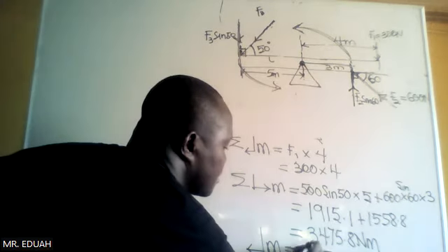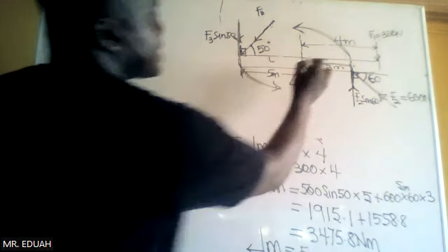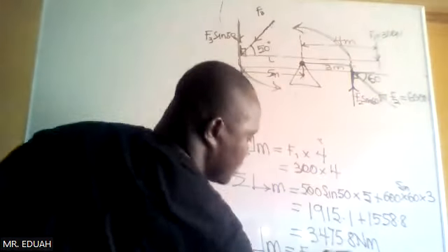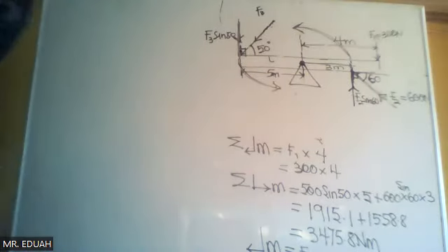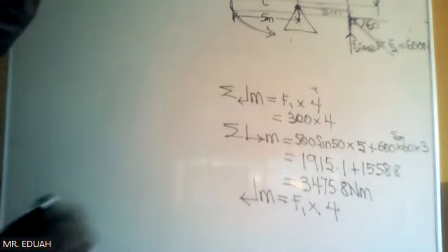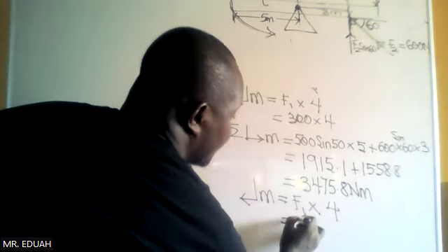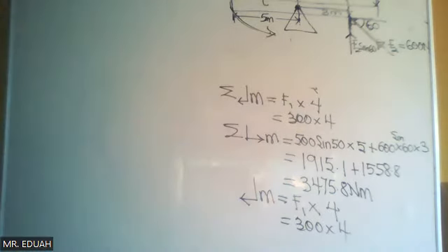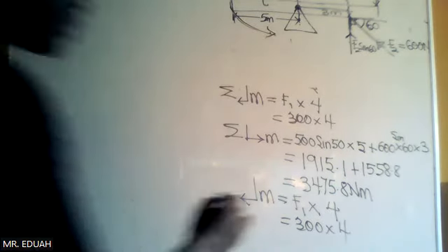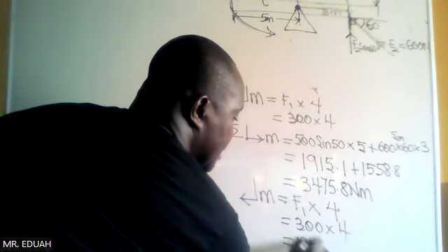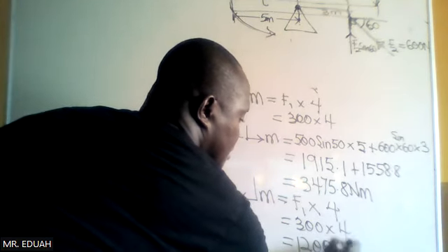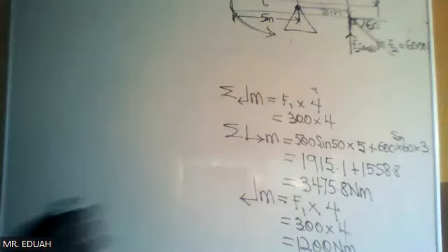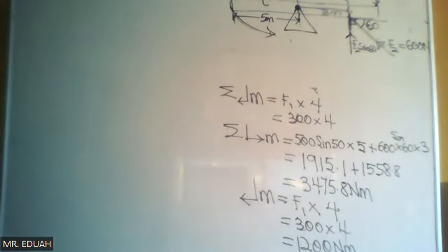F1 times the perpendicular distance, which is 4. Therefore, we have 300 times 4. So we have 1,200 Newton meter.